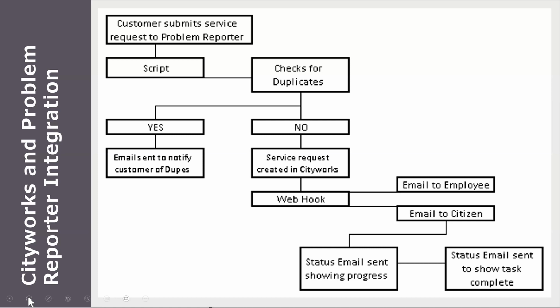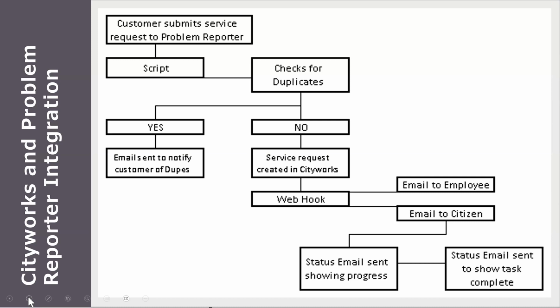Then, as work progresses, when the status changes from submitted to work in progress, another email is sent to the reporting citizen saying, "Thank you, work has begun." And once work is completed, they get a final email saying the work has been completed, and thank you for reporting it.